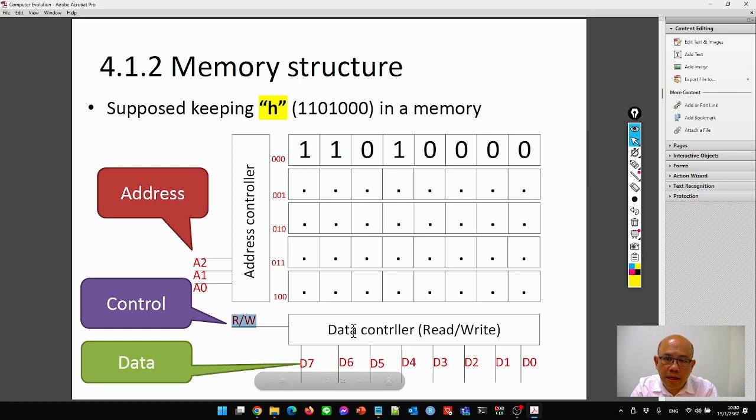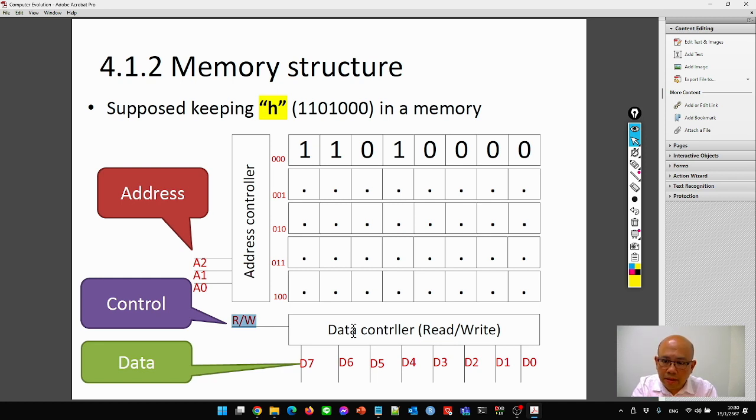In the memory there are different types: RAM and ROM. Inside ROM there is EEPROM. For RAM there is static RAM and dynamic RAM. And today we have DDR RAM, DRAM 1, 2, 3, 4, which are different types inside the dynamic memory.